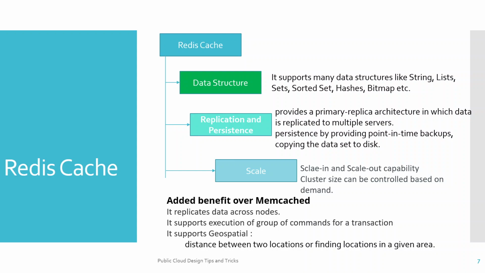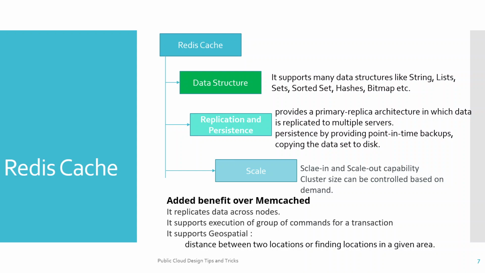What about Redis? Apart from simple scale and other things, it has data structure support. So it supports many data structures like string, list, set, sorted set, hash map, bitmap, etc. It has replication and persistence capability. It provides a primary-replica architecture in which data is replicated to multiple servers.